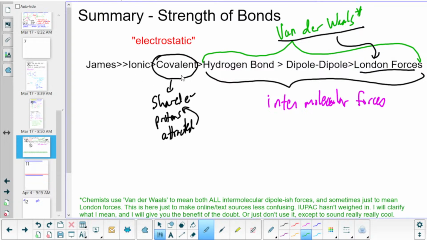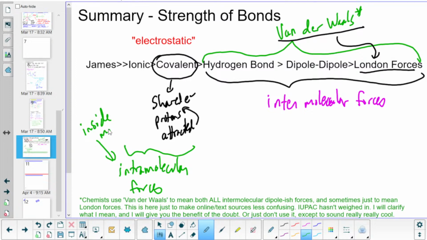And these, which are in the thing itself, are intramolecular. Intra meaning inside molecule. Inter meaning between or outside molecule.